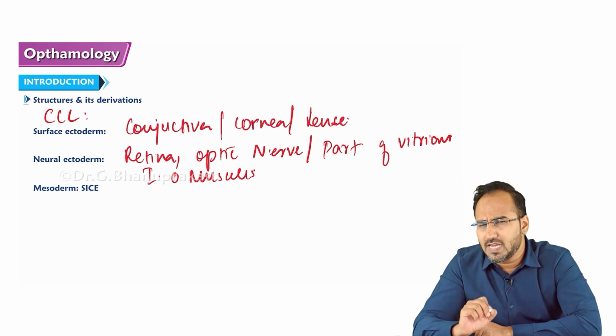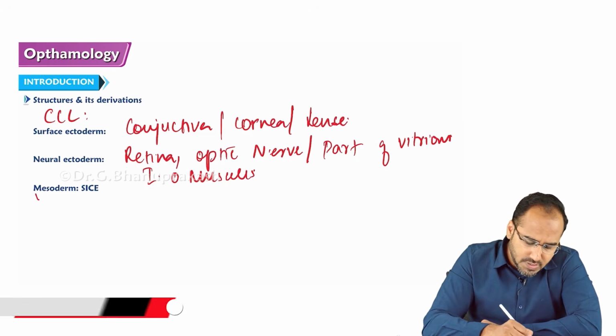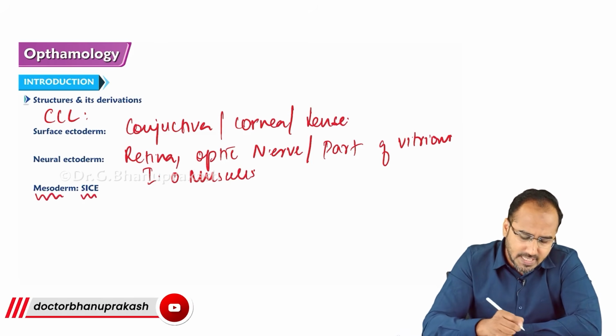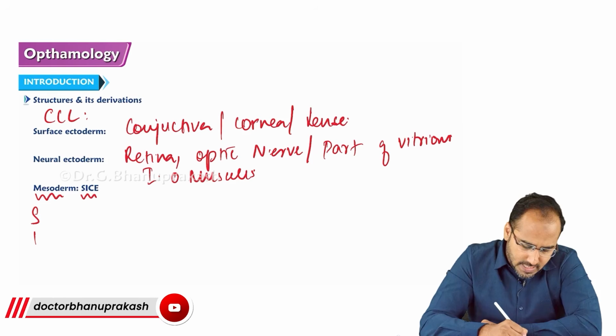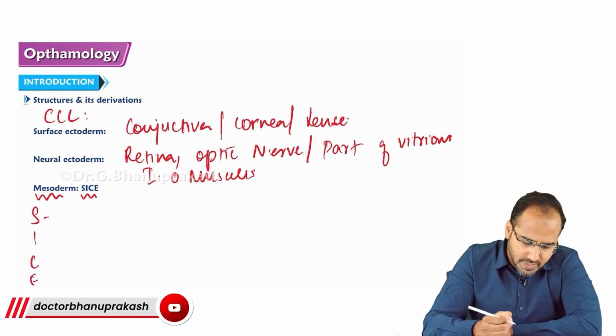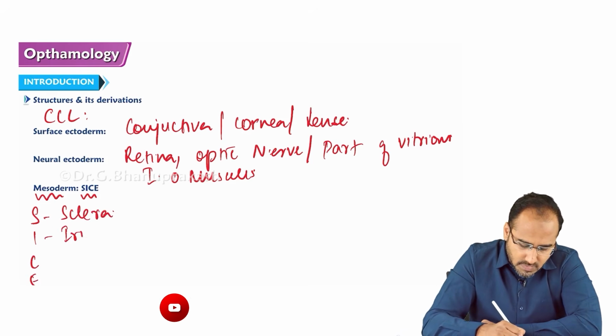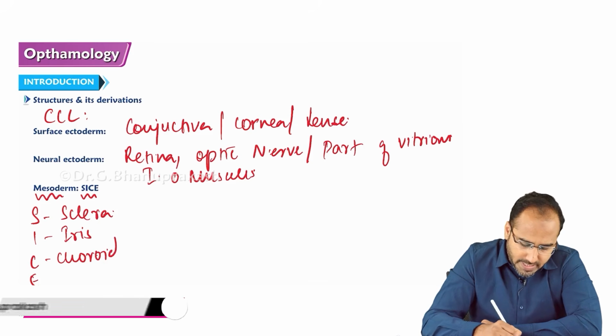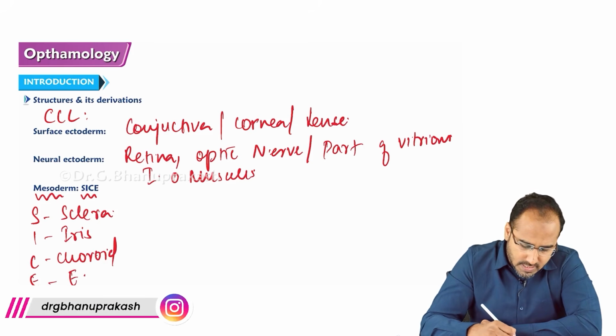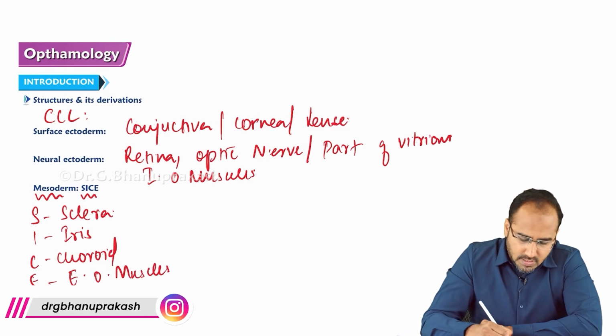The derivation is very, very important, guys. From mesoderm, SICE is derived. What is that? Sclera, iris, choroid and extraocular muscles. Okay?